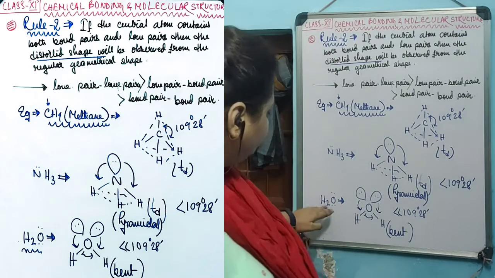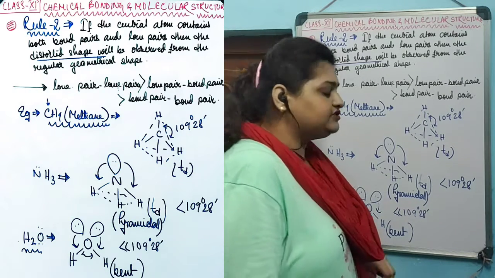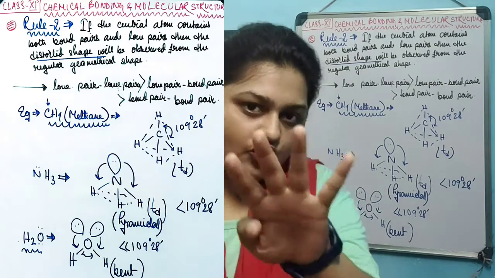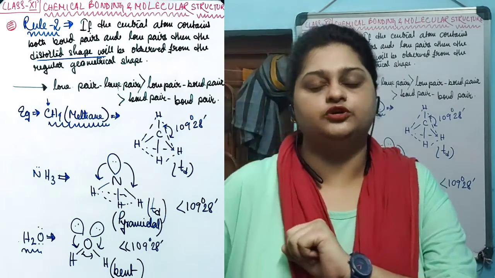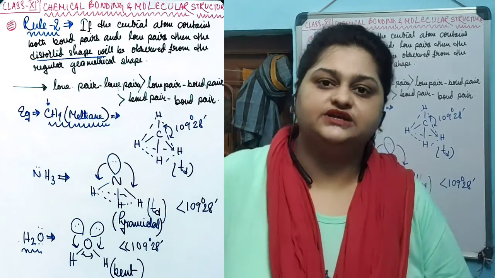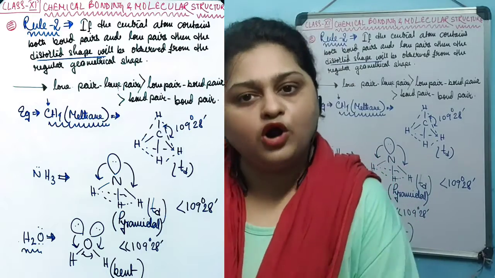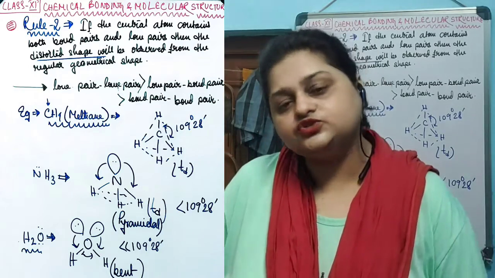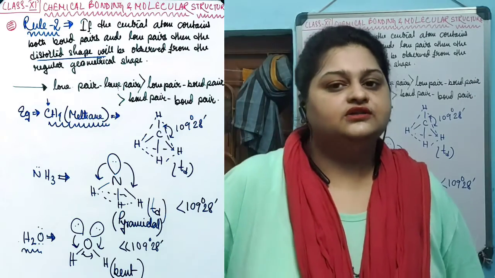That is evident from the H2O molecule, in which the central atom also possesses 4 electron pairs. But out of those 4, 2 are lone pairs of electrons and 2 are bond pairs.